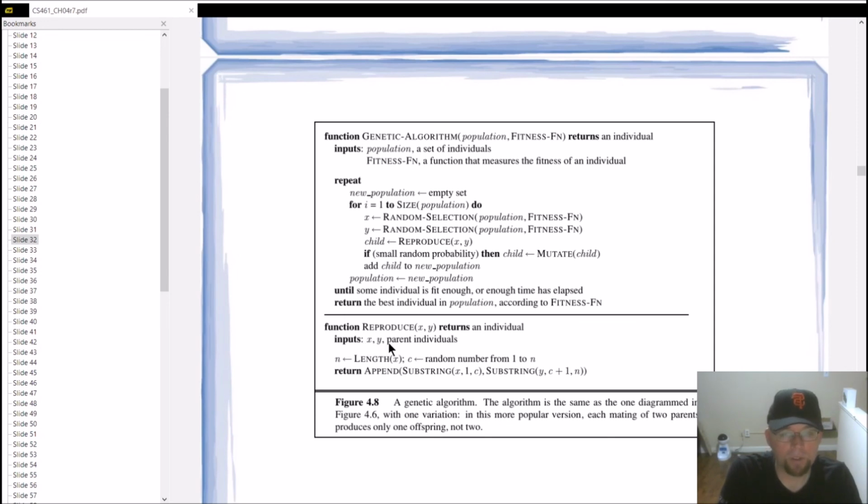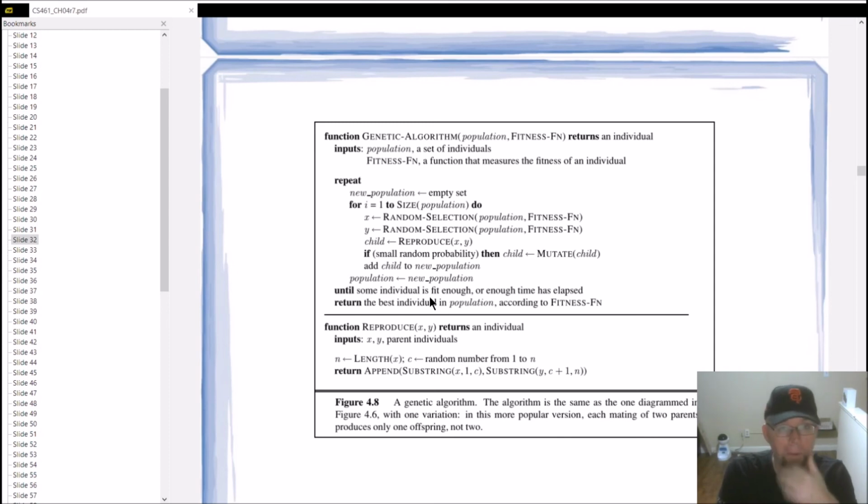So you've got your two individual parents, pick some random number in the string, and then you do that crossover to create the new individual. Now this says that you keep doing this. See how this outer loop is repeating? Repeat until you find an individual that is fit enough, or enough time has passed.